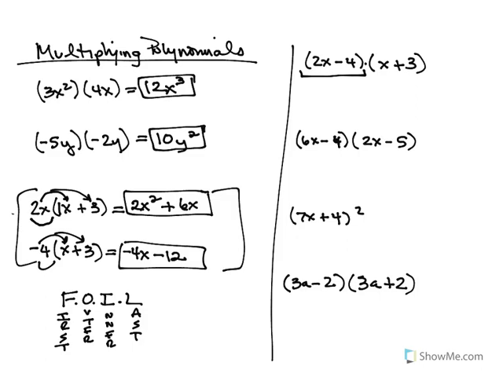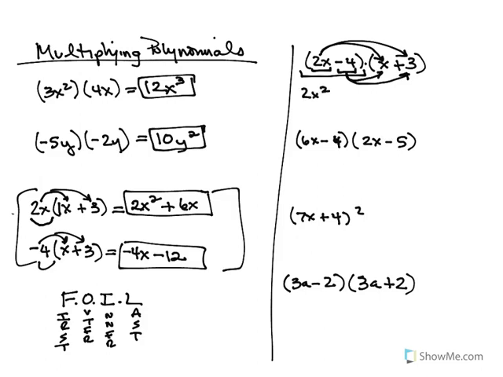So this 2x here is going to have to distribute to everything in the second set of parentheses. Then our negative 4 is going to also distribute to everything in the second set of parentheses. So when you look at it, 2x times x is first times first. So 2x times x is 2x squared.